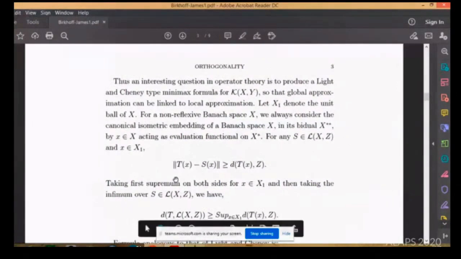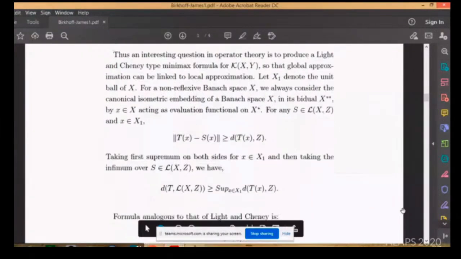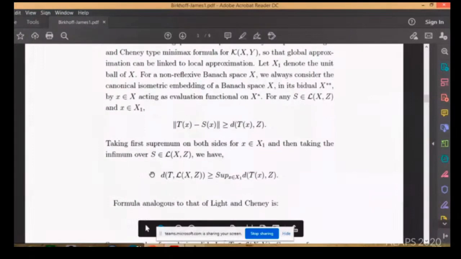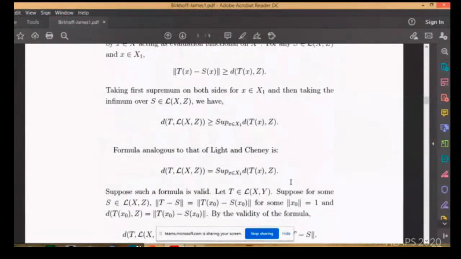So it is quite easy to see that, so let us get back to our setup of operators. So Z is a subspace of Y. We are looking at L(X,Z) as a subspace of L(X,Y). So you take an operator S in L(X,Z), then it's easy to check that if you look at any unit vector x, the length of T of x minus S of x is always bigger than or equal to the distance between T of x and the subspace Z. So now you take a supremum on both sides over the unit ball and take the infimum over all S belonging to L(X,Z).